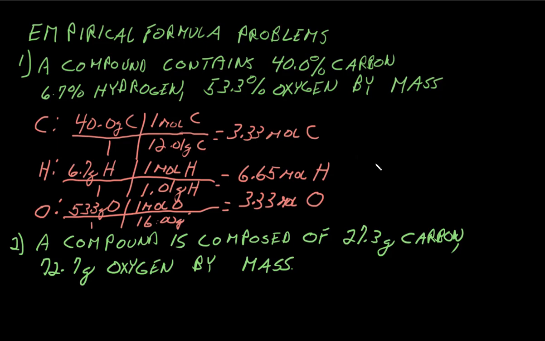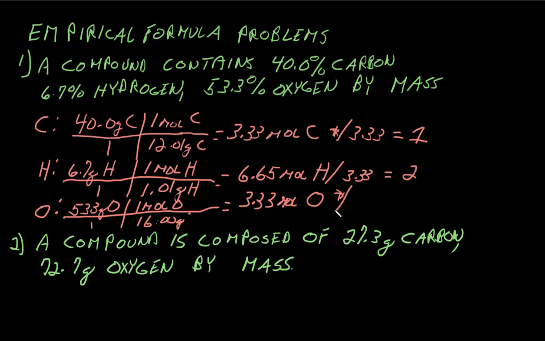So what we want to do next is divide by the smallest number of moles. Well, I guess at either point here we can see that we've got 3.33 here, 3.33 there. So it doesn't matter which one we choose, those two are equal and they're the smallest. So 3.33 divided by 3.33 will equal 1. 6.65 divided by 3.33 is going to equal 2.